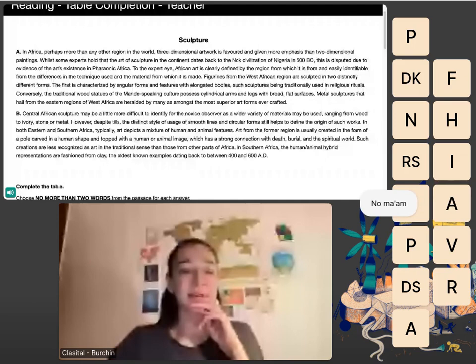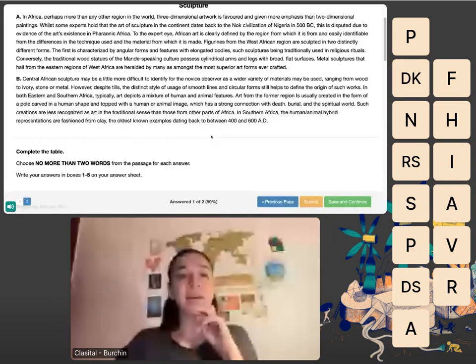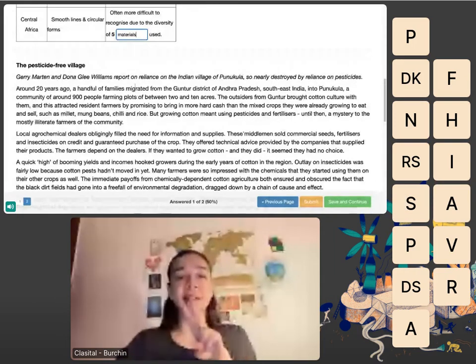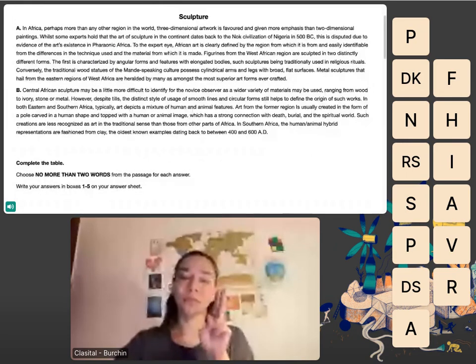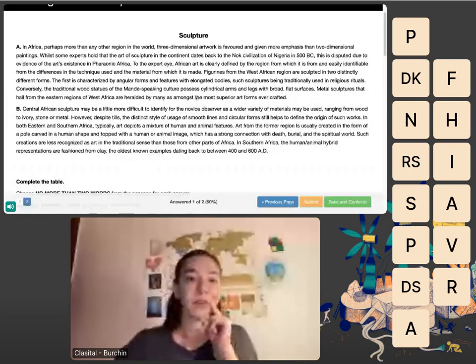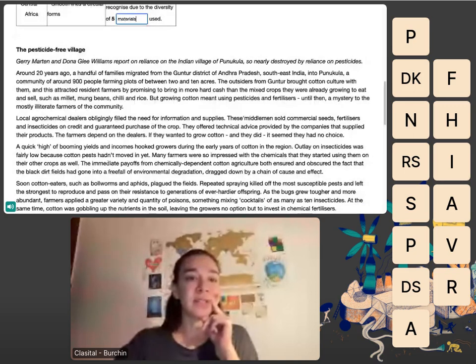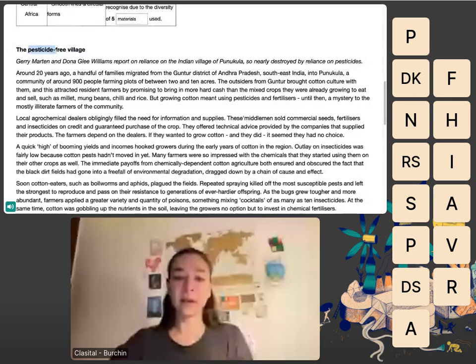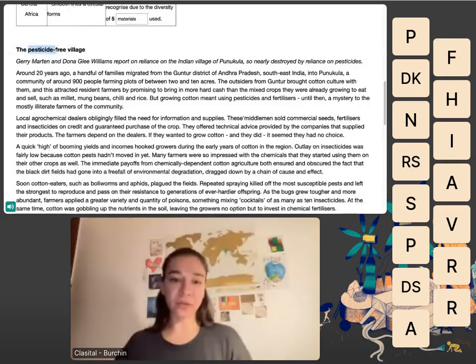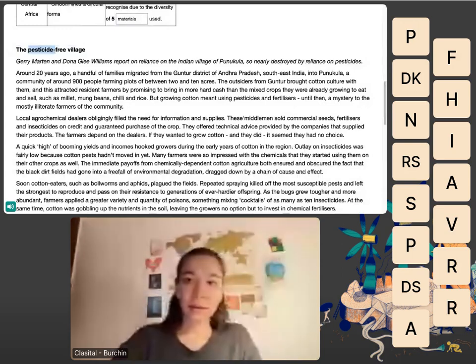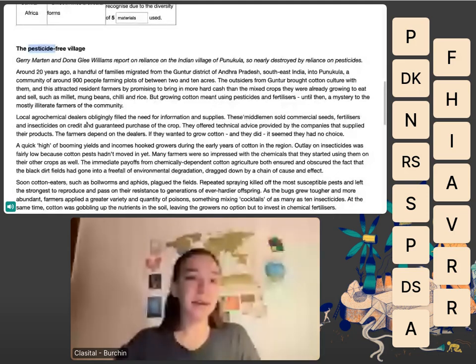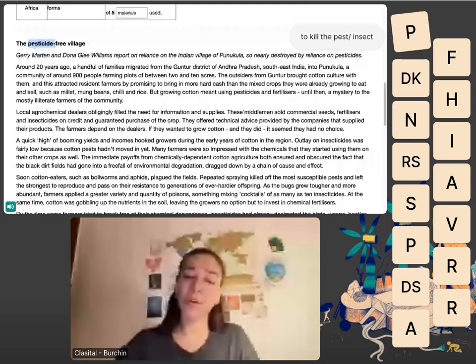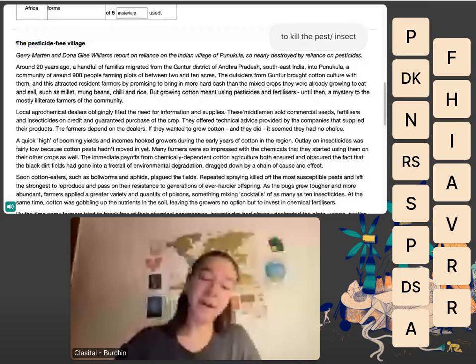Let me see the next one. Now, by the way, this was from passage 2, and this is from the passage 2 too. Pesticide-free village. Pesticide is something that they use in agriculture to preserve their products from the bugs or all of the other things.